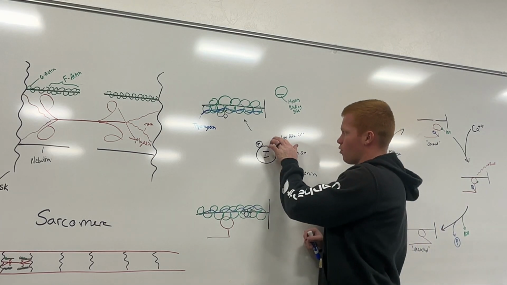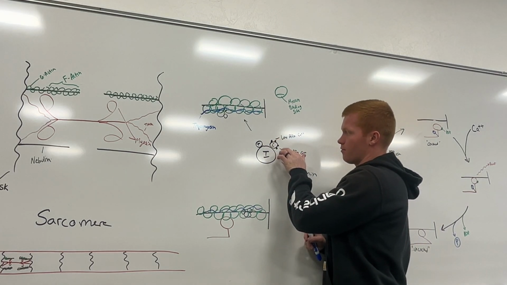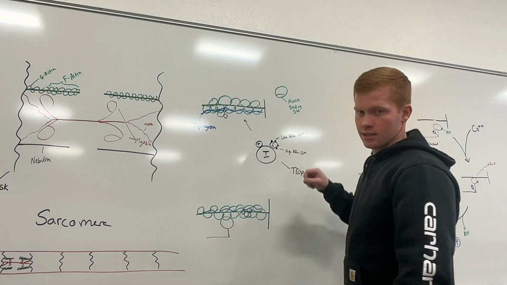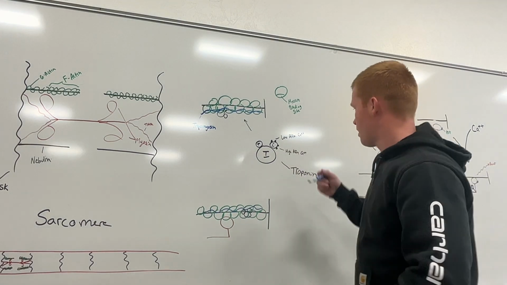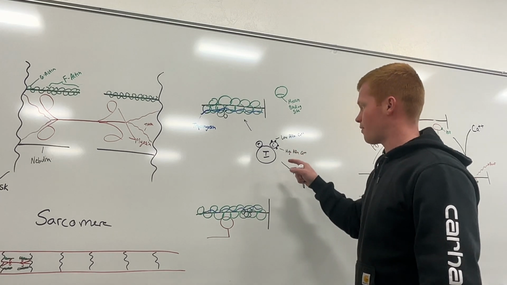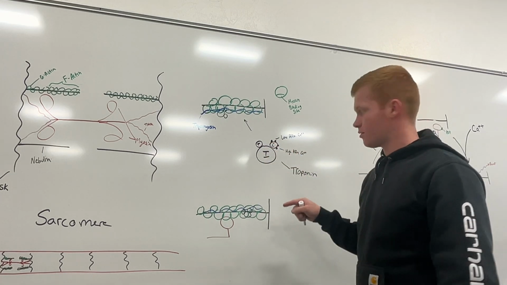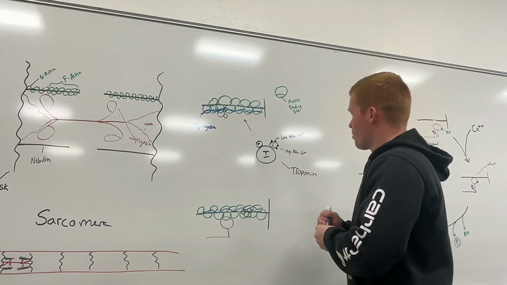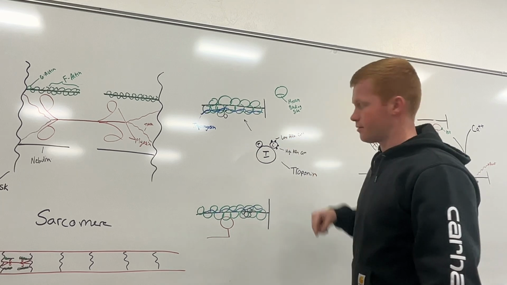And it's gonna have a low affinity binding site and a high affinity binding site. Each binding site is gonna have two places where calcium can bind. The high affinity binding site for calcium is gonna bind there, and that's what's gonna keep troponin bound together. That's what's holding it together. Then it still leaves this low affinity binding site.